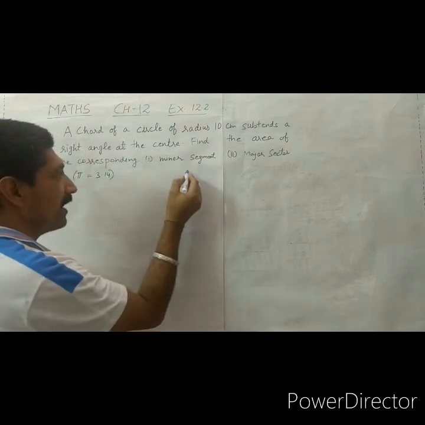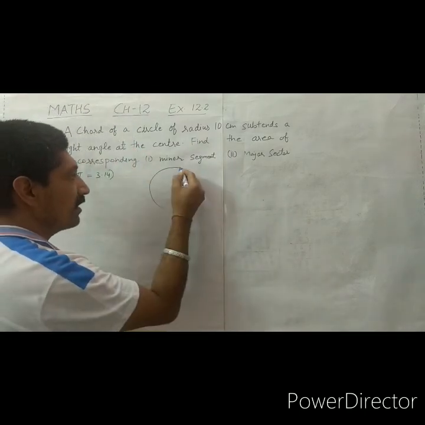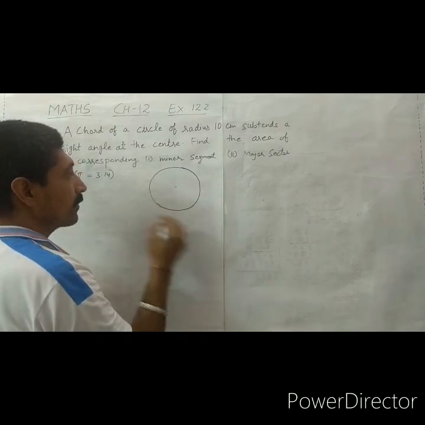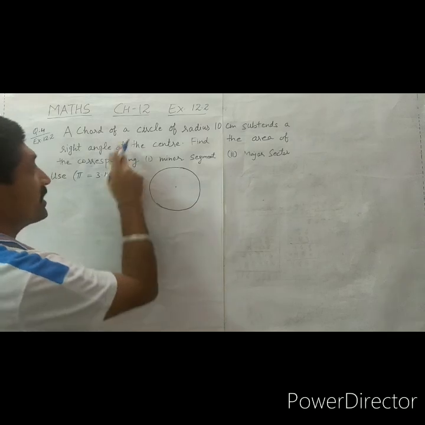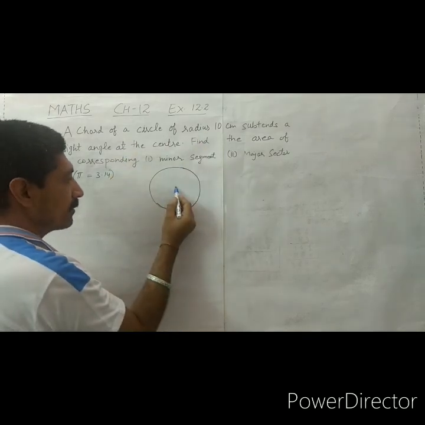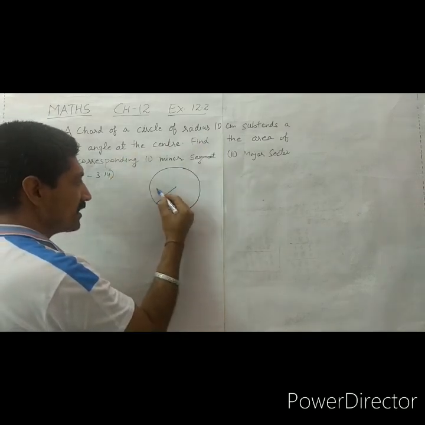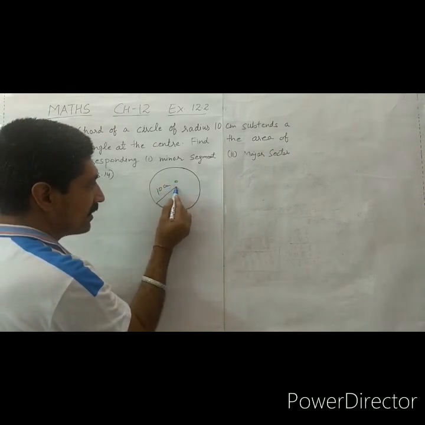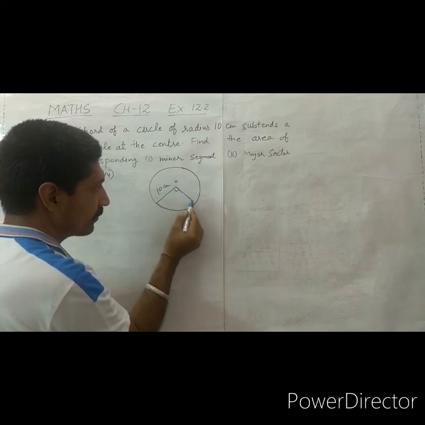So here if we have one circle, so in this circle the radius is 10 centimeter. Radius is 10 centimeter and the angle subtended here, this angle subtended by the two rays, that is 90 degree.